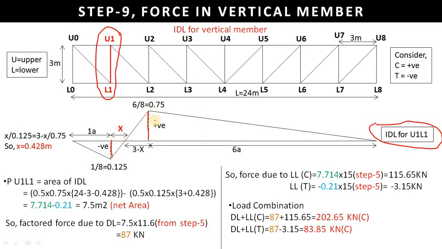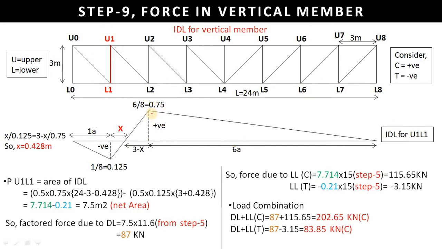So let us see the positive triangle. In this positive triangle, you can see the number of panels will be 1, 2, 3, 4, 5 and 6. So the panels will be 6, and here it will be one panel.